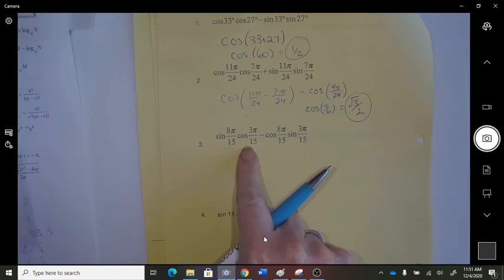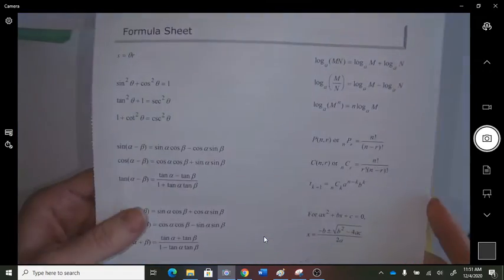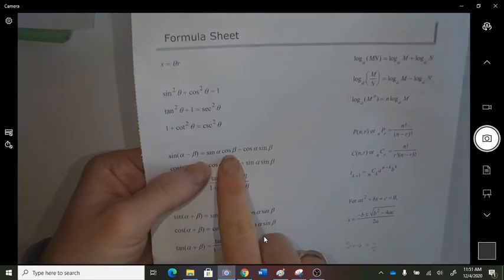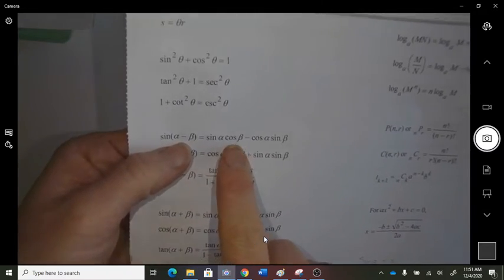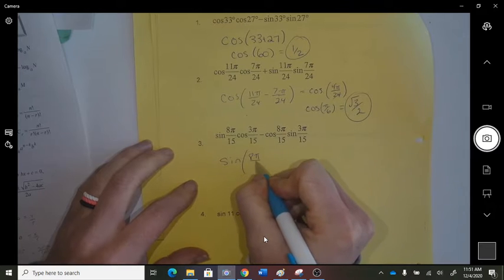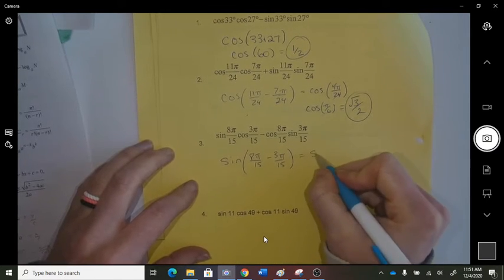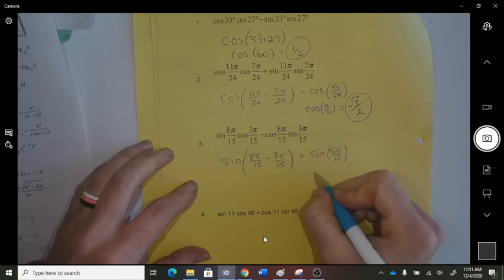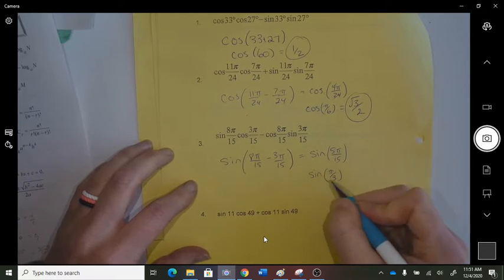Okay, sine cos minus cos sine. So that will be this formula, and it's the sine of the subtraction. Okay, so that's sine of 5 pi over 15, which can reduce to pi over 3.